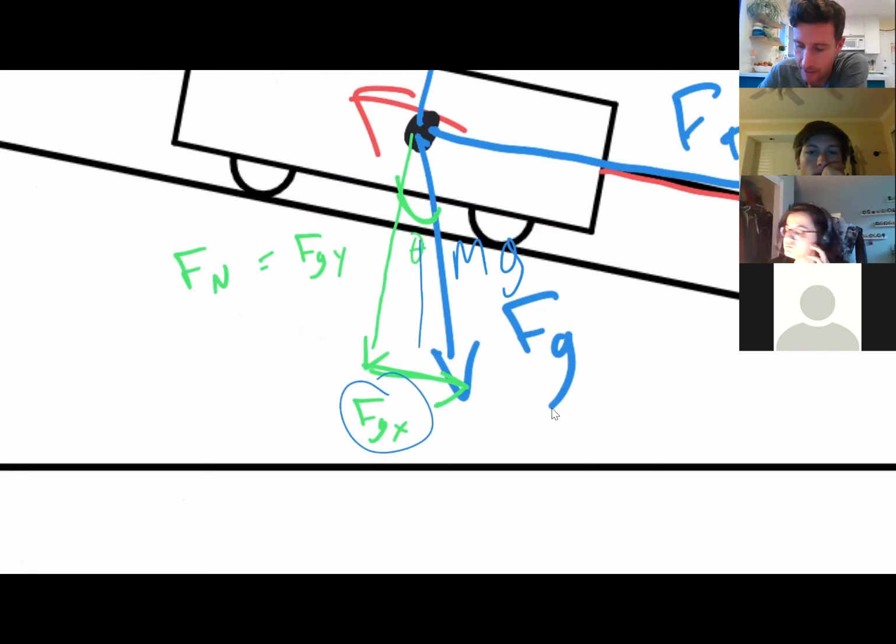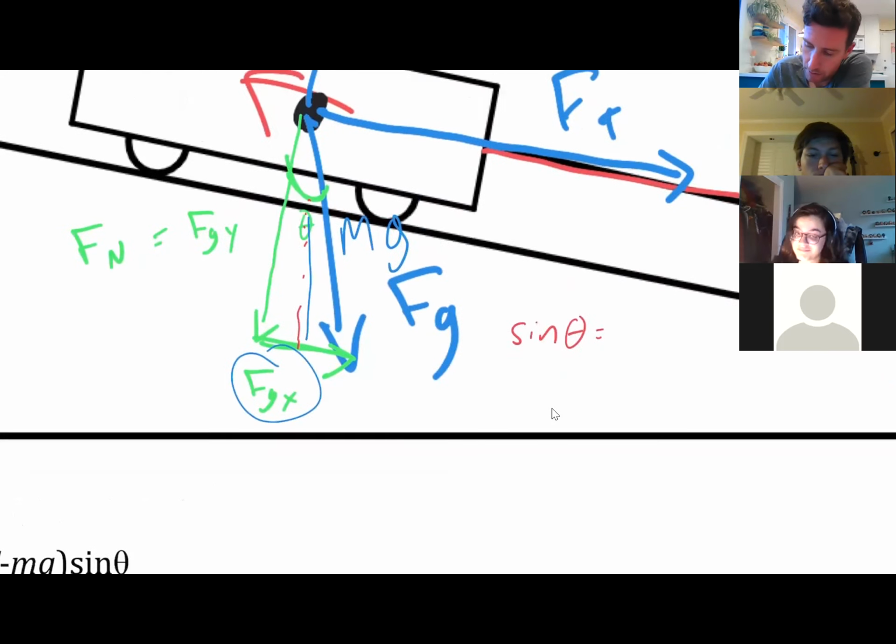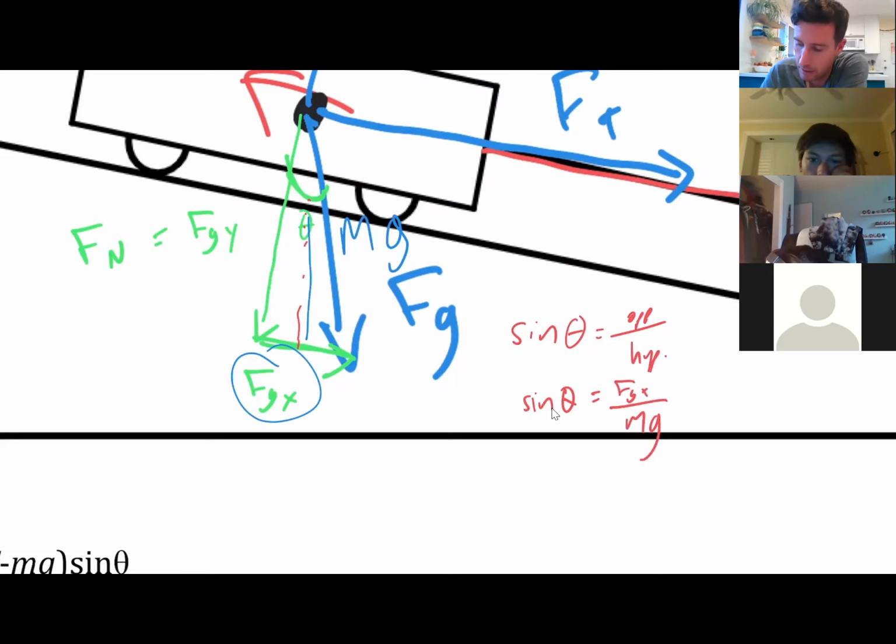That is the opposite of this. So sine of theta is equal to opposite over hypotenuse. Sine of theta equals F sub gx over mg. So to solve for F sub gx, that would be mg sine of theta equals F sub gx.